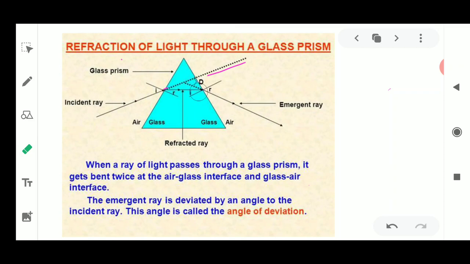This angle being formed here, written in the form of D, is known as the angle of deviation. This is the difference between the emergent ray and the incident ray, if it had crossed in a straight line. This gives you the angle of deviation.